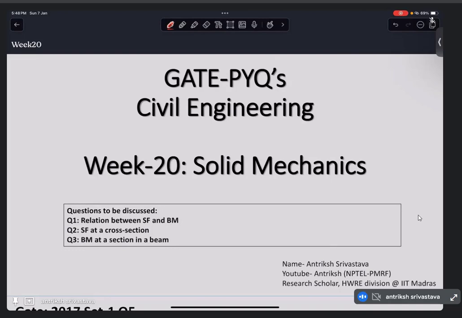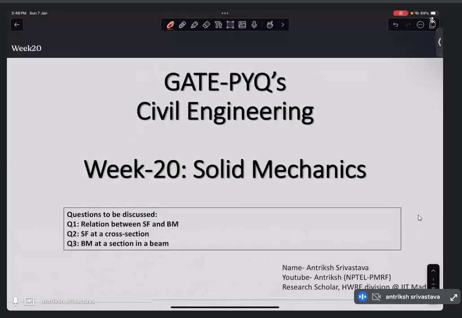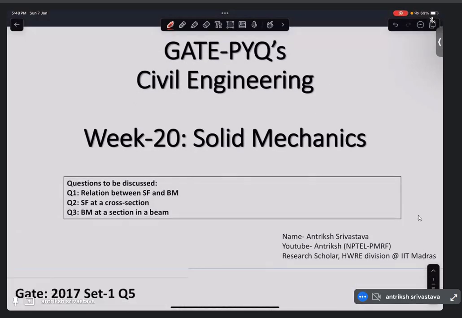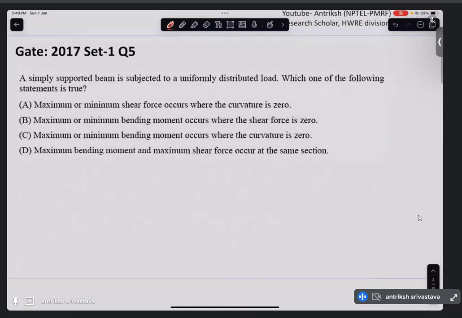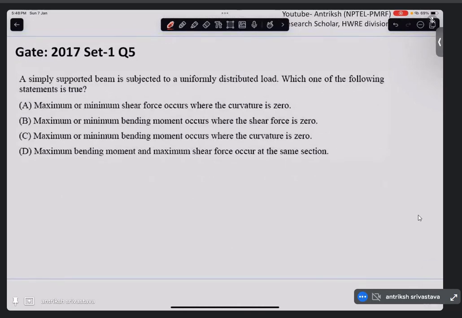And the third and last question is going to be getting the BMD for a beam which is statically indeterminate. So we have to use a compatibility equation. Alright, so with that, let's start our session.